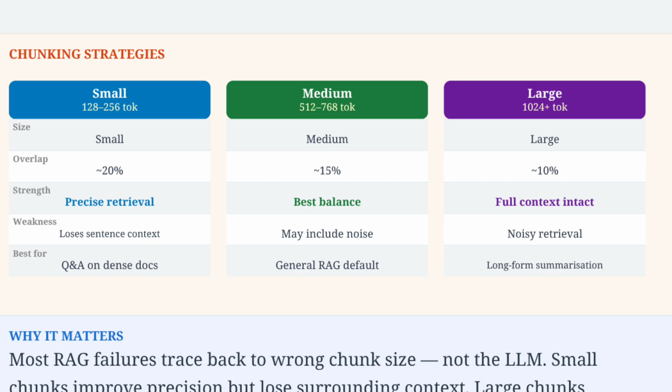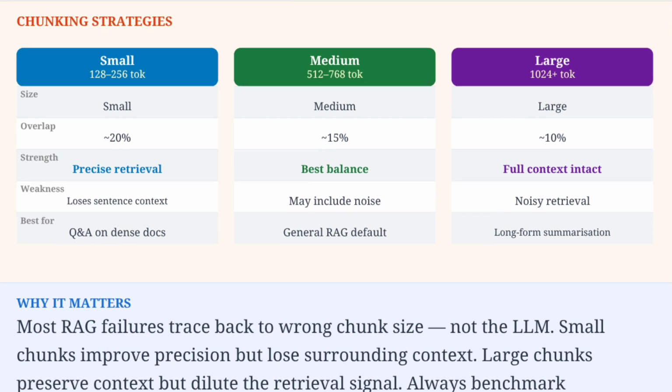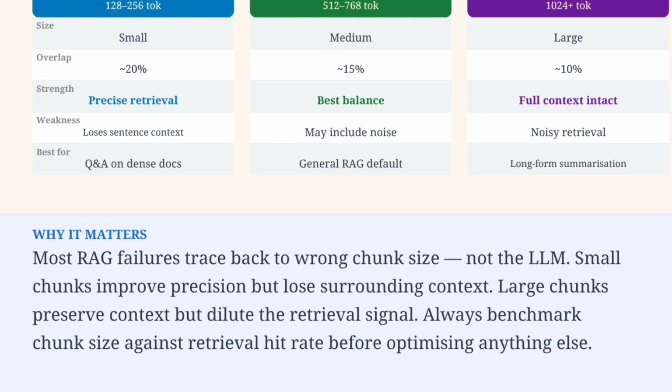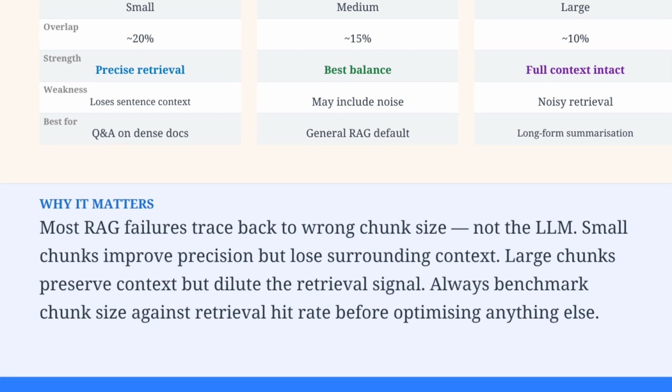But here is the honest rule: before you touch anything else, benchmark your chunk size against retrieval hit rate. Most RAG failures trace back to the wrong chunk size. Not the embedding model, not the LLM. It is the chunk size.